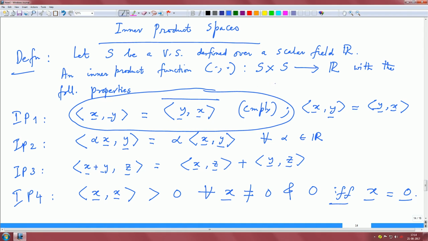For this definition, which is applicable to reals, you focus on the fact that the inner product of x, y is the inner product of y with x. I just mentioned complex as an aside. If we define this inner product function to be a complex function, which happens in some applications in quantum information and various other areas, then we may have to tweak some of these definitions slightly.